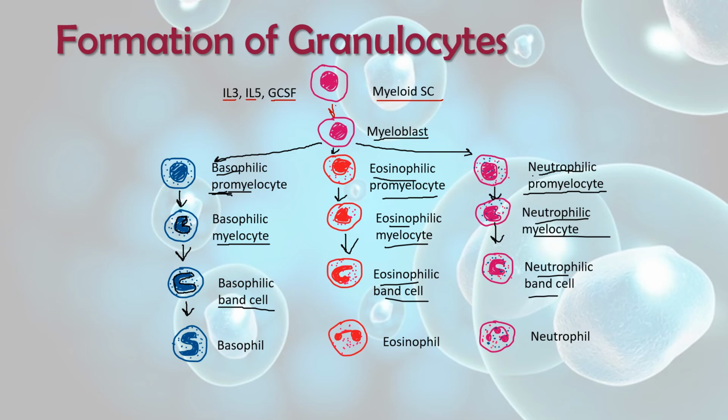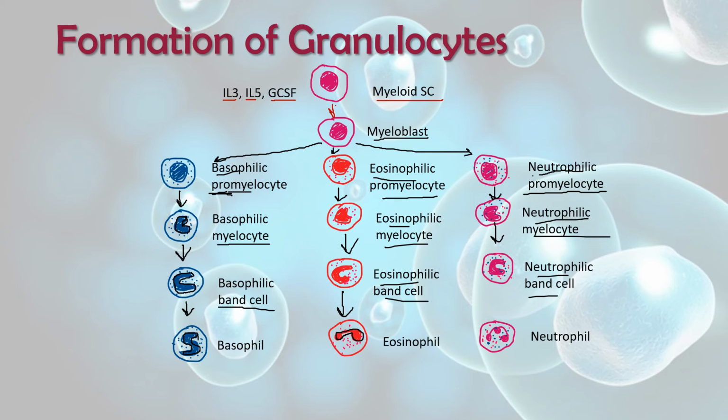In the case of basophil, the U shape changes into an S shape nucleus. And in the eosinophil, from the eosinophilic band cell, there is a change from the U shape to the bilobed nucleus. This nucleus is bilobed here.